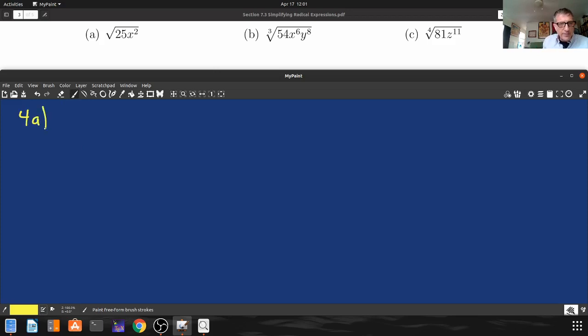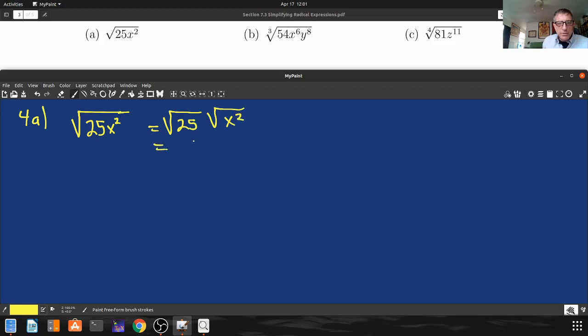4a. So we're going to do the square root of 25x squared. So that's the same as the square root of 25 times the square root of x squared.